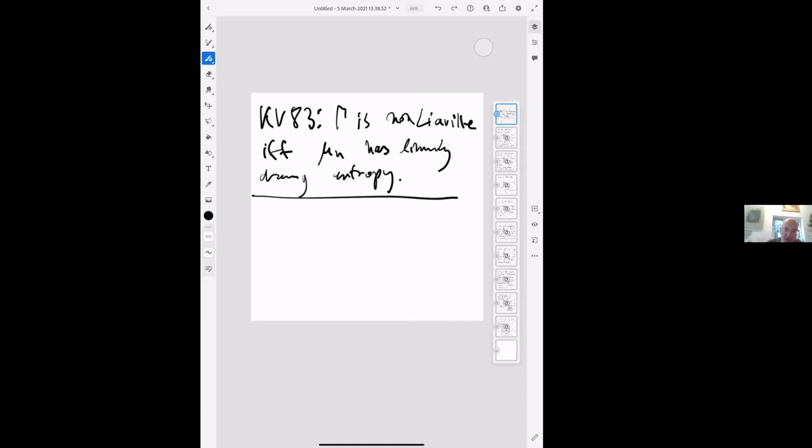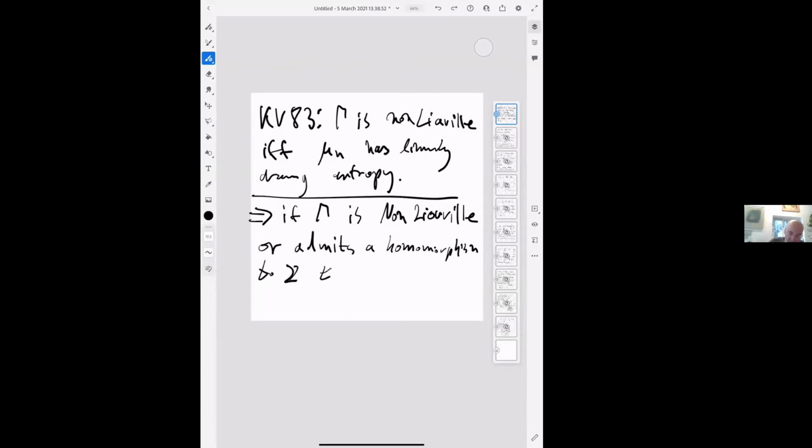So in particular, from the example of Z, I went very, very fast, but we get that if gamma is non-Liouville or admits a homomorphism to Z, then gamma is not noise sensitive for the simple random walk.